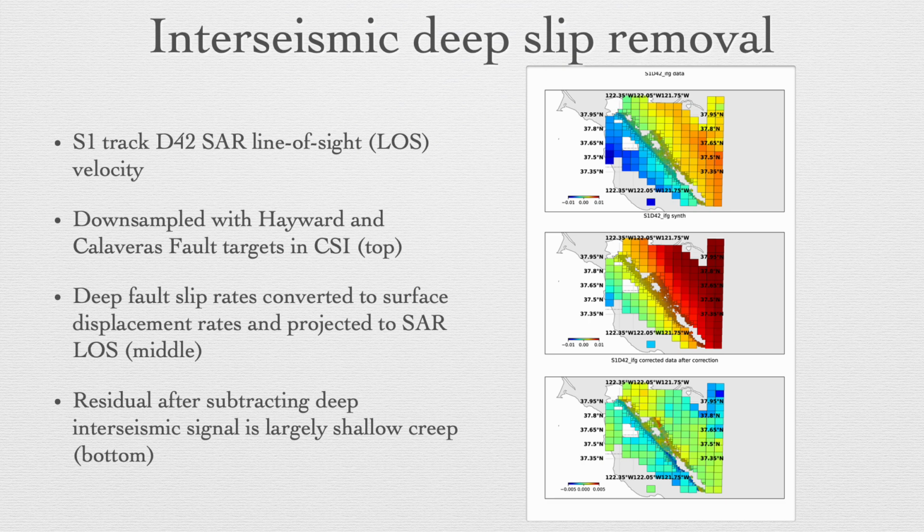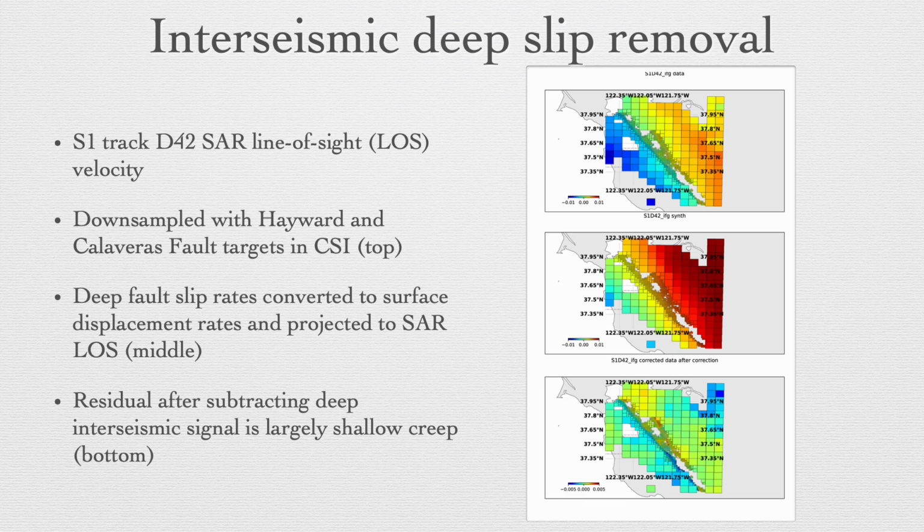The top panel here shows the sampled InSAR data. The middle panel shows the interseismic model that I just showed in the last slide projected into the radar line of sight on those same sampled points. And the bottom panel shows the residual, that's the difference between the predicted displacements from the GPS deep slip model and the InSAR, and the large scale trend here is flat.